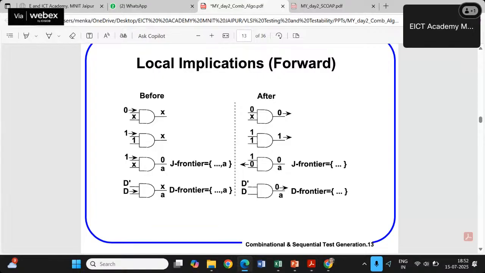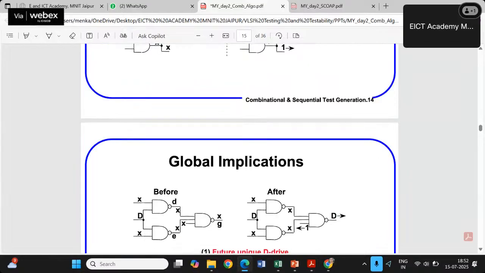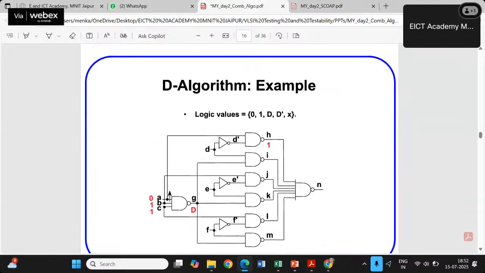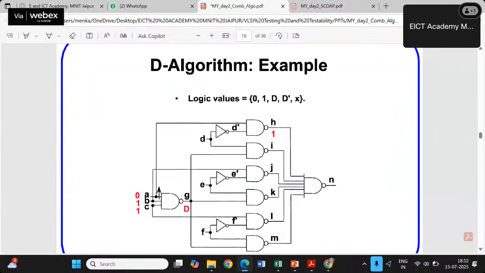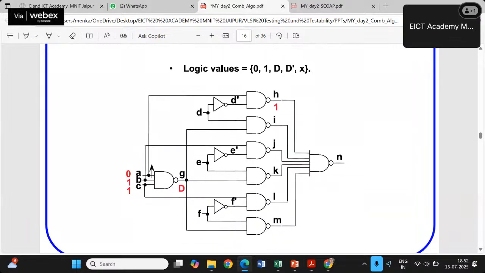That is the local and global implication. Let us have a look at the D algorithm. I want to complete this D algorithm because tomorrow sir is going to take something related to sequential circuit testing, so it can be useful for you.